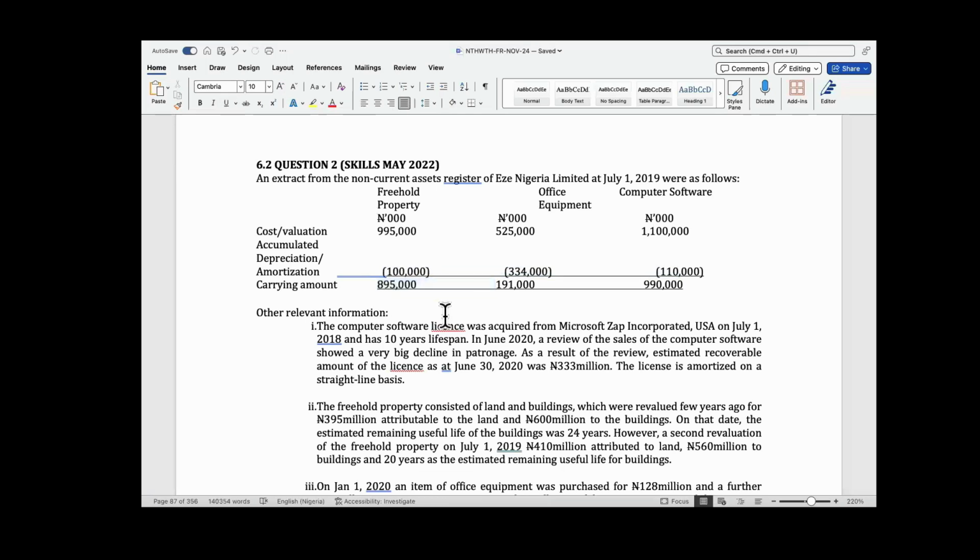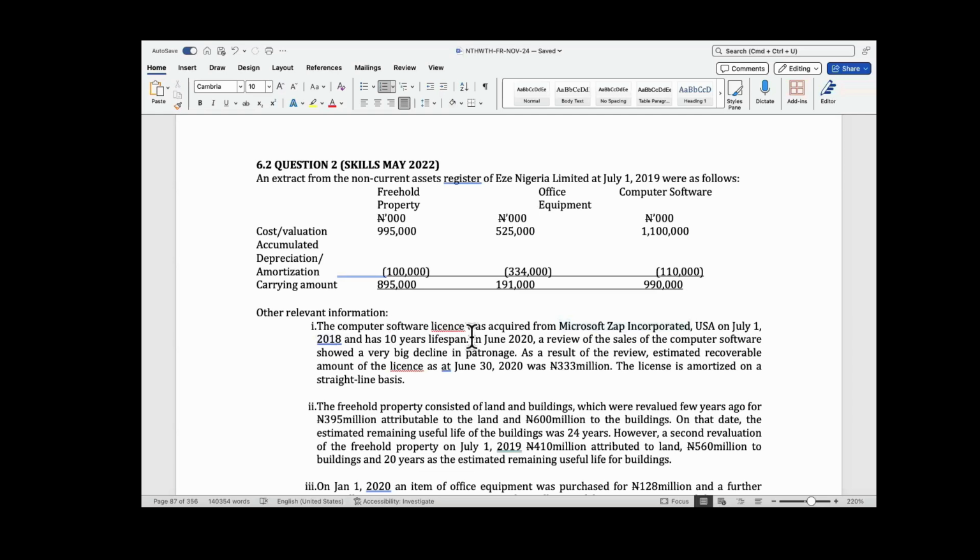Okay, so they then gave us some additional information. Number one, they said the computer software license was acquired from Microsoft Zap Incorporated on 1st of July 2018 and has a 10 year lifespan.